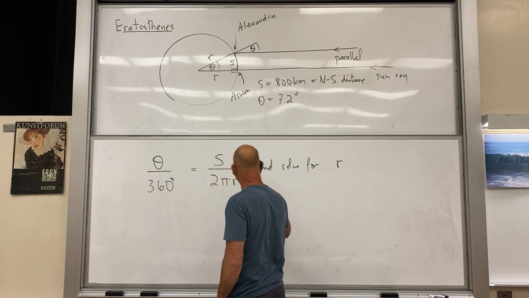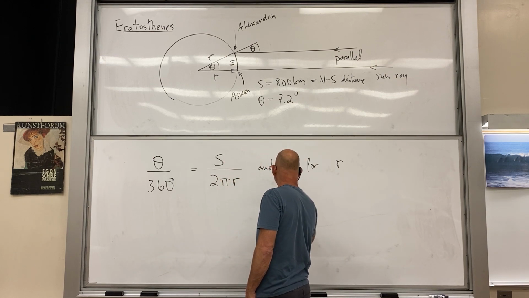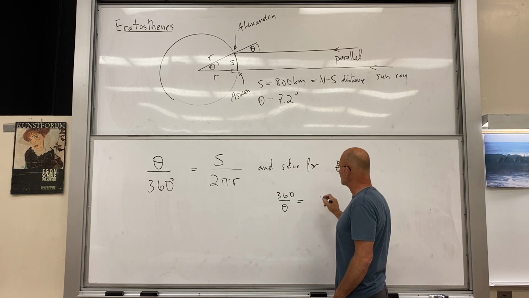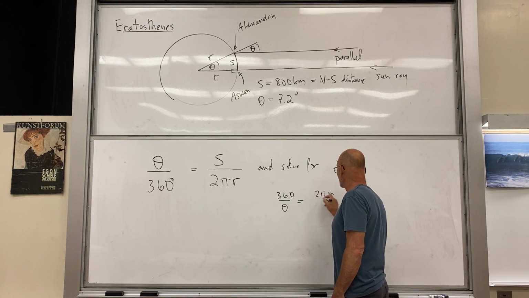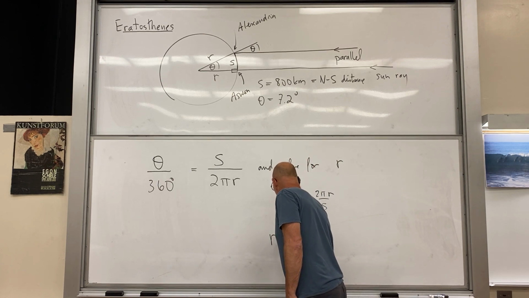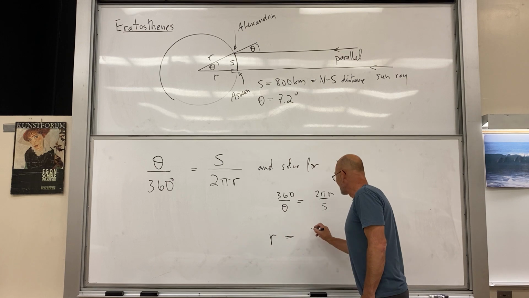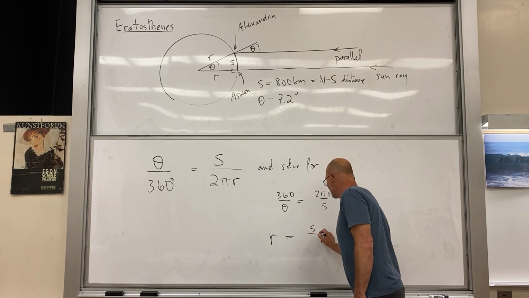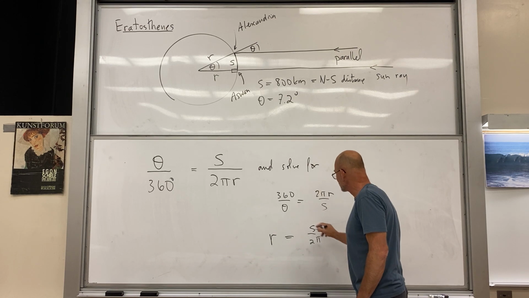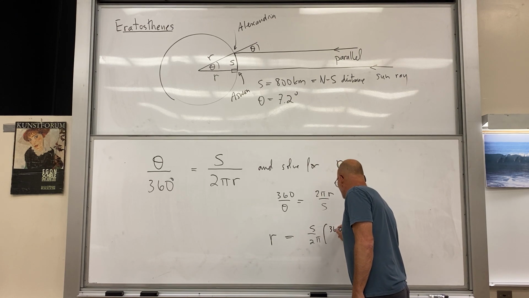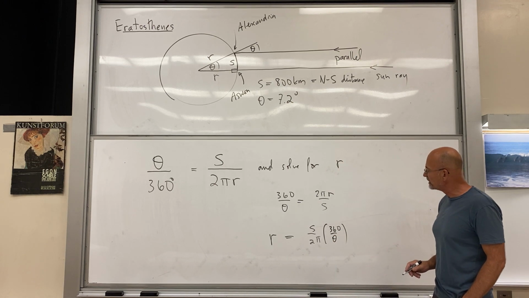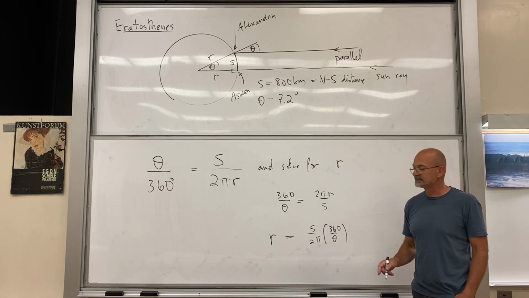You could just invert both sides, so you'd have 360 divided by theta is equal to 2 pi radius divided by s, and then isolate the radius finally as s over 2 pi, multiplying 360 divided by theta.